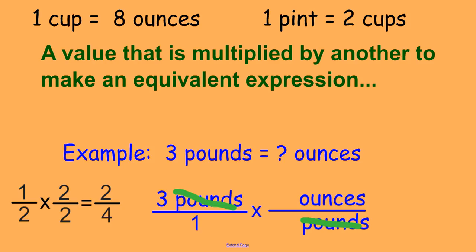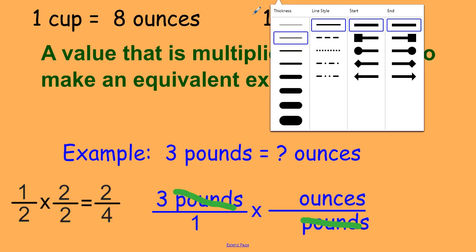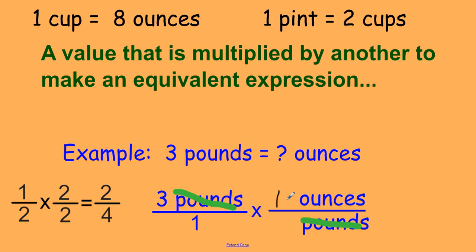Now all we have to do is put the equivalent values for these numbers, like 16 ounces, which is equal to 1 pound. The value is actually 1, and it's going to give us an equivalent expression. When we multiply 3 times 16, we get our answer of 48 ounces.